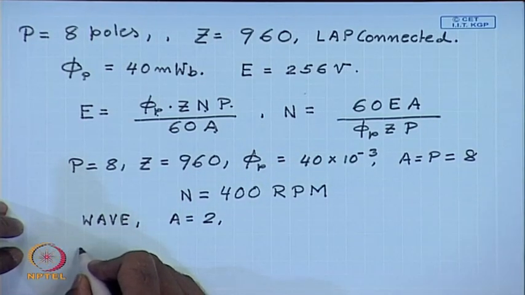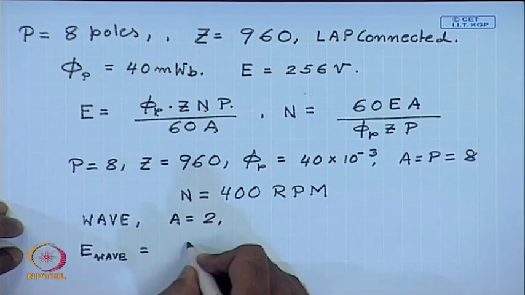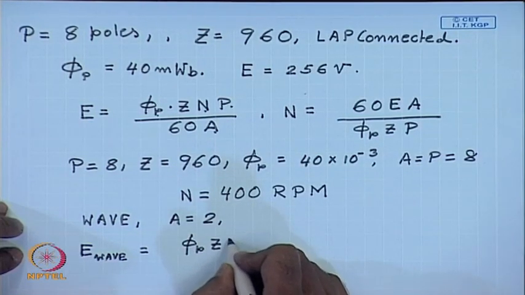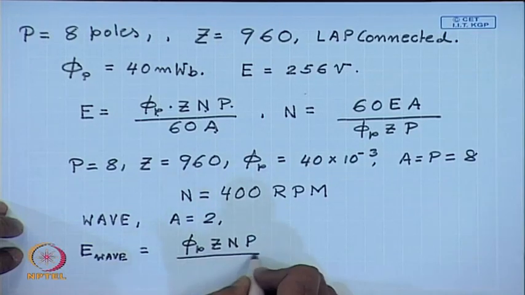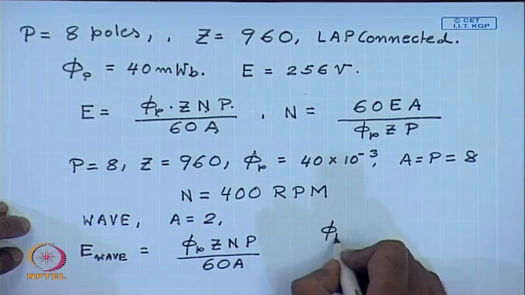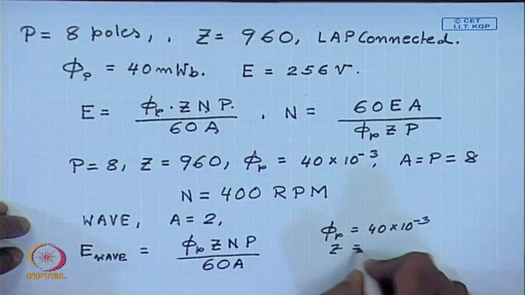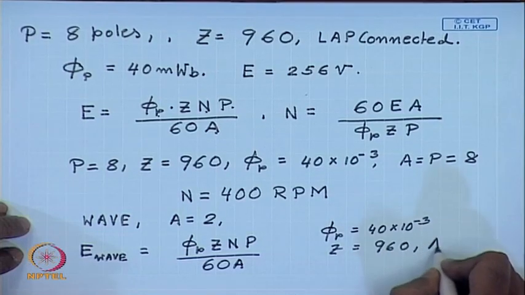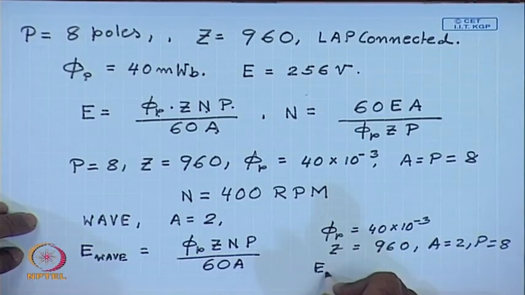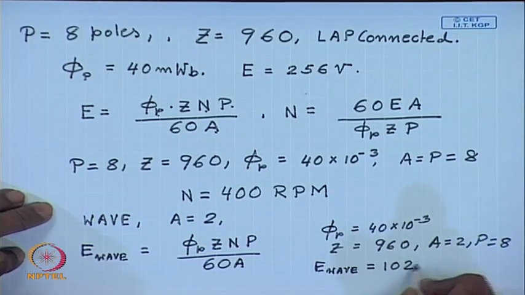So, for wave, E wave will be equal to phi p Z n p by 60 A. Substituting the values, phi p equal to 40 into 10 to the power minus 3, Z equal to 960, A equal to 2, P equal to 8, we get E wave equal to 1024 volts.